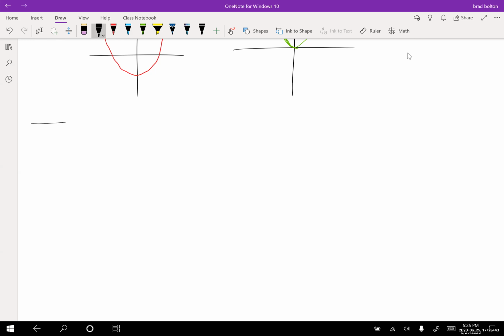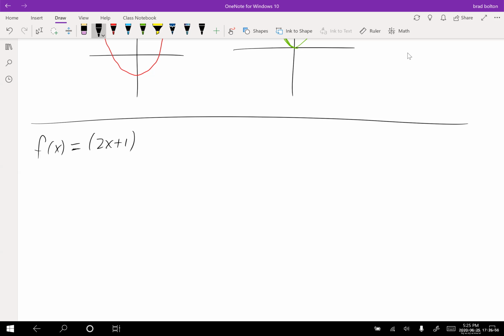Okay, so let's take this function, f of x equals 2x plus 1, x minus 3 squared. Okay, so now I want to find the end behavior.